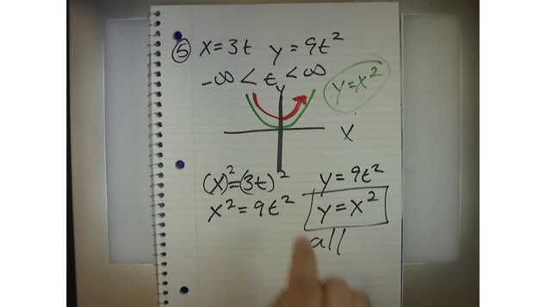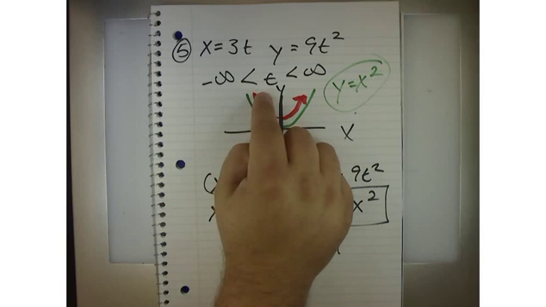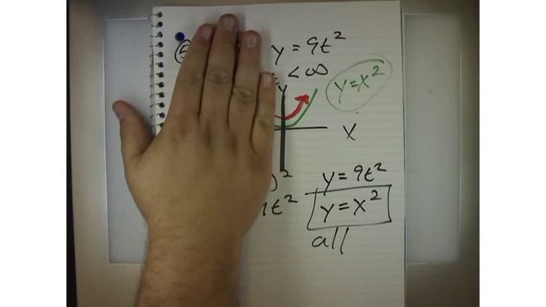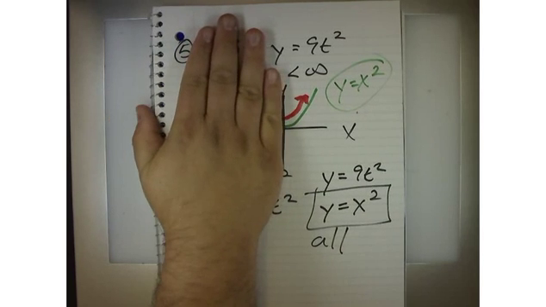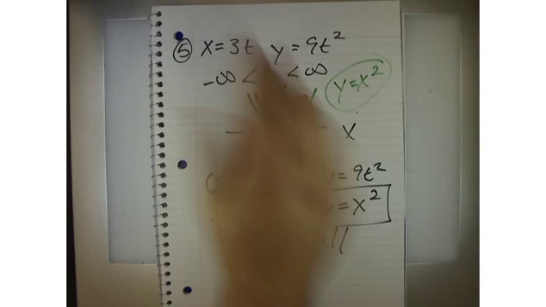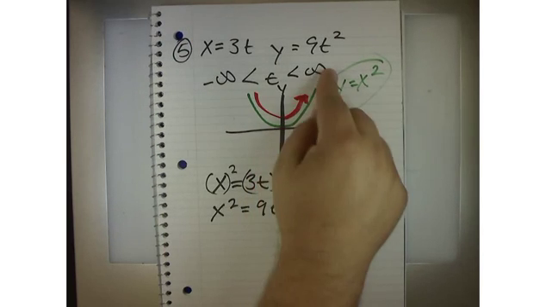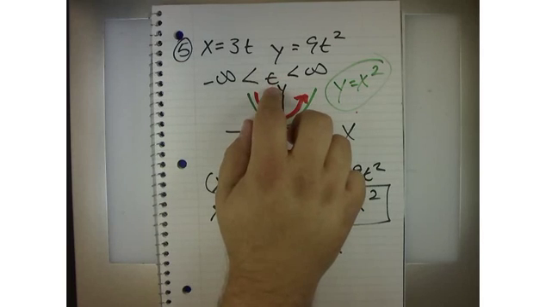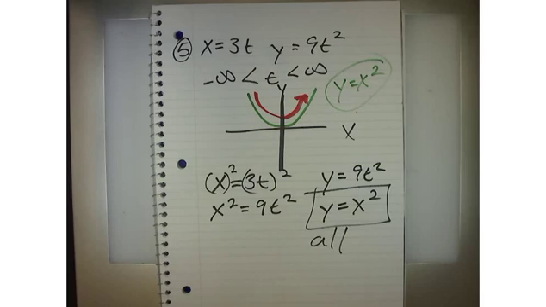Sometimes, depending on how they define t, you may only have the positive half of the curve. If t was 0 to positive infinity, this would be the curve. That's all we would see, and then our initial point would be 0, 0. But here, that's wrong, because they defined what t should be. So it takes a little getting used to.